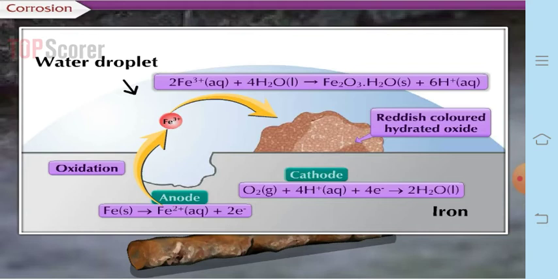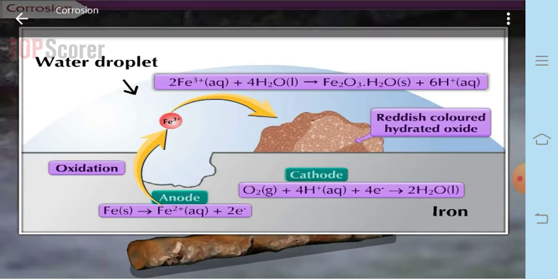Further oxidation of the Fe2+ ion forms Fe3+ ions, which move towards the cathode region. There it reacts with water to form the reddish colored hydrated oxide, also called rust, and the formula of rust is Fe2O3 into H2O. So this is how rusting takes place.